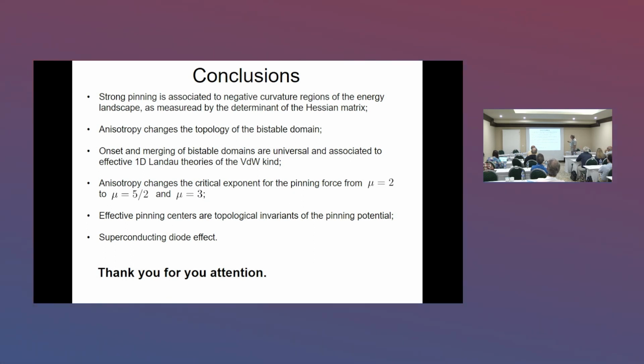The formalism which we use is the Hessian matrix. Apart from nice topology, we see the change in critical exponent from 2 to 5/2 at the onset of criticality, and one has the superconducting diode effect. For this case, of course, these defects should not be randomly oriented. If they are randomly oriented, then this would be averaged out. Thank you for your attention.